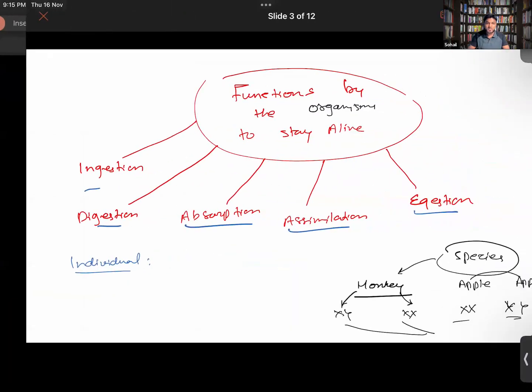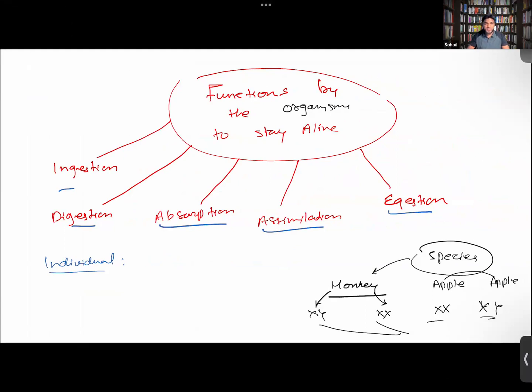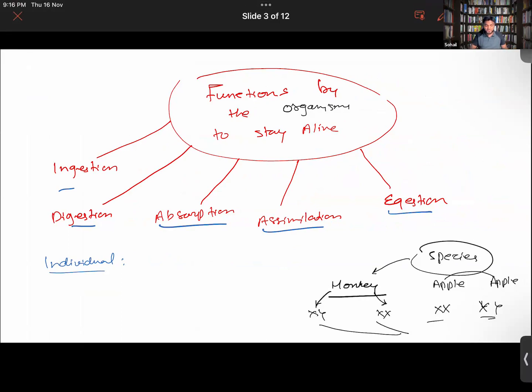So we saw what a species is. It is a large group of a population where individuals can mate with each other with the opposite genders and hence give birth to new offspring. Now, talking about the process of reproduction, it is not essentially required for the survival of an individual, but rather it is required for the sustenance of that species so that the species continues to exist on earth.